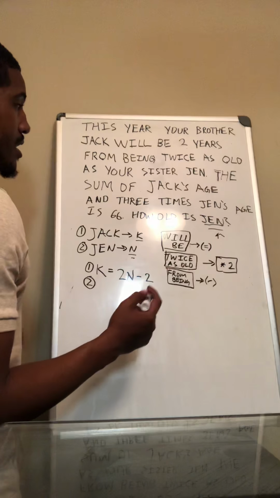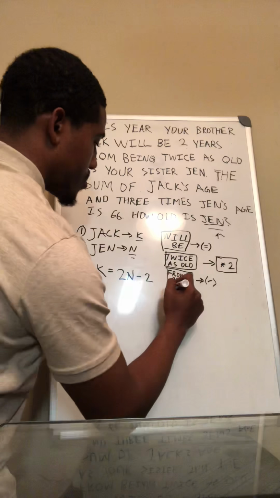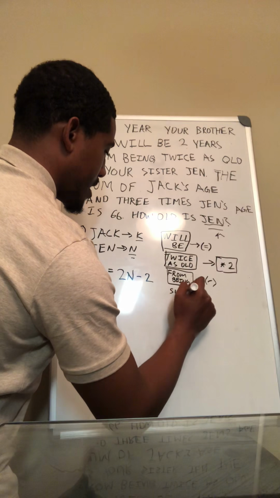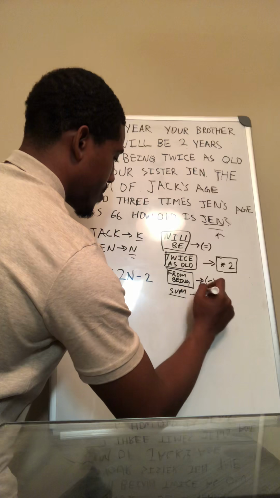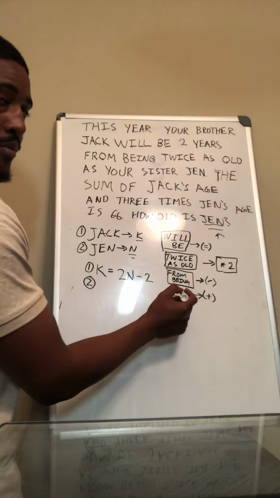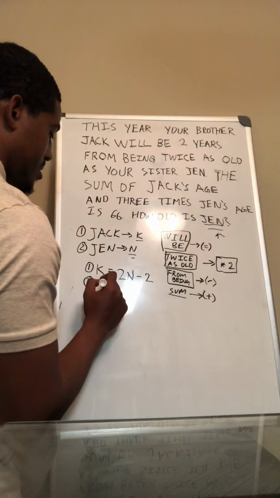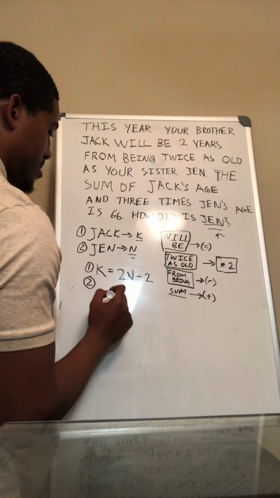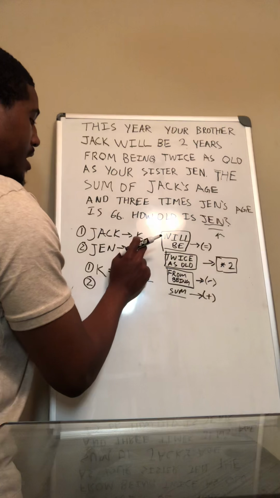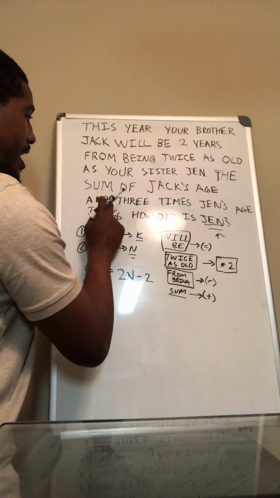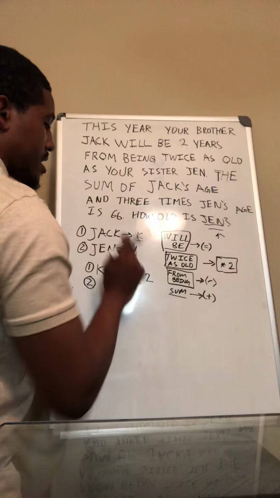So the second equation that they give us is that the sum of, so already I know that I'm doing an addition problem. The sum of Jack's age, so we have Jack's age, the K, and 3 times Jen's age is 66.